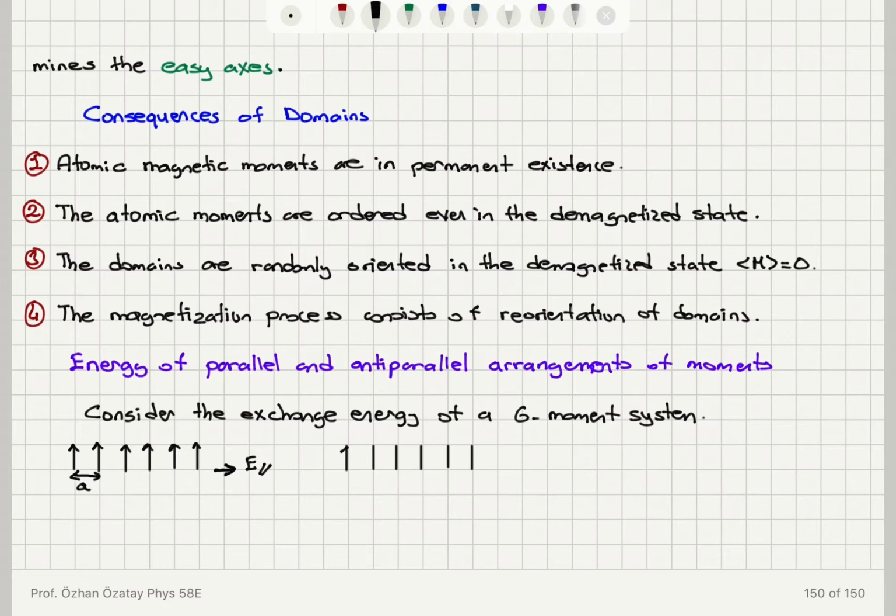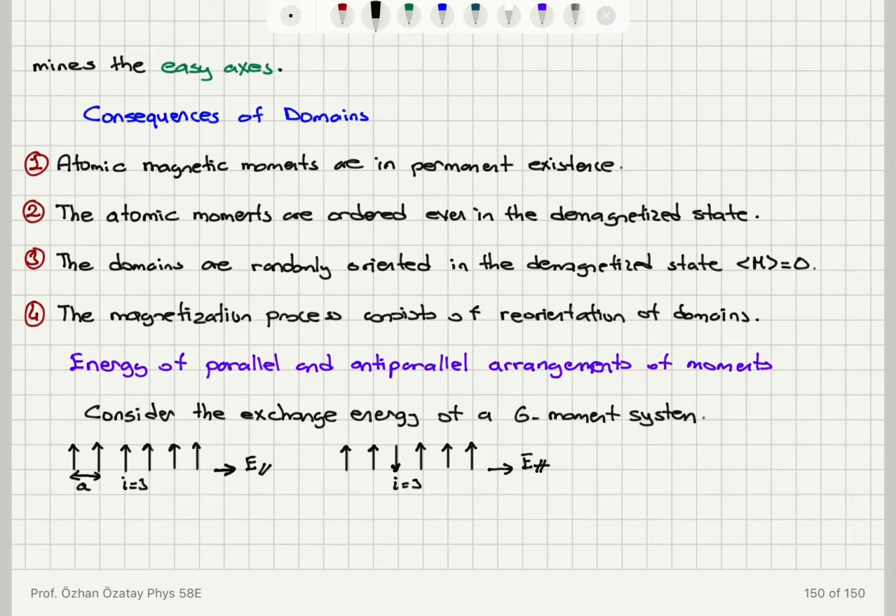So these 2 moments are pointing in the same direction, the 3rd one is in the opposite direction, and the others are in the same direction. I'm going to call the exchange energy of this configuration the anti-parallel exchange energy. So this 3rd moment is the ith moment I'm looking at, where i is equal to 3.